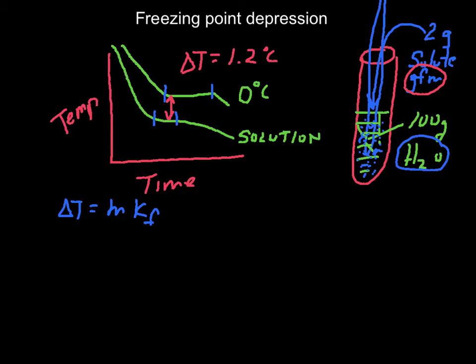In this case, the Kf for water is equal to 1.86 degrees Celsius per molal. So, my change in temperature was 1.2 degrees Celsius. Molality is what I'm going to solve for.